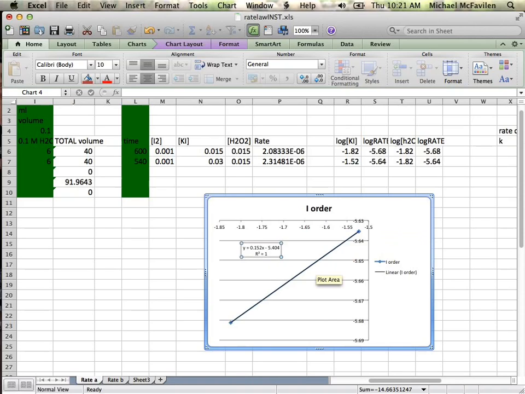What would the order in this case be with respect to iodide? Can I make that bigger? Yeah, Control K. What's our order with respect to iodide? 0.152. Yeah. Okay.